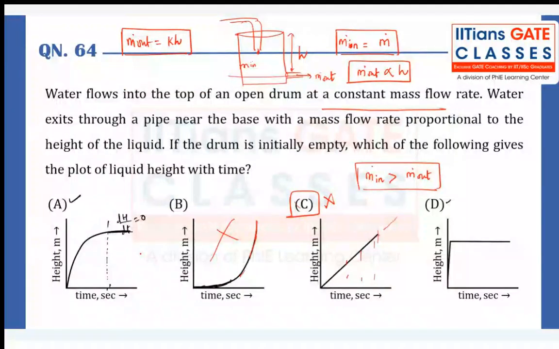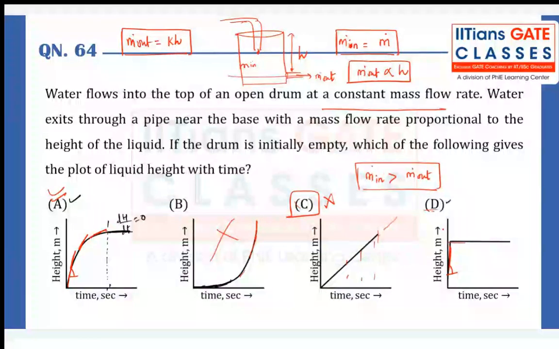Now the question is, what you are understanding is that it is increasing at a very very rapid rate. See that the slope is higher, and after that this rapid rate is decreasing. That is a perfect graph, so A should be correct. But in the case of D, it's shooting up like anything, and then it will become constant, and that too it is varying linearly.